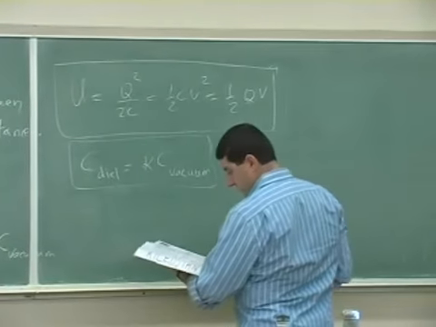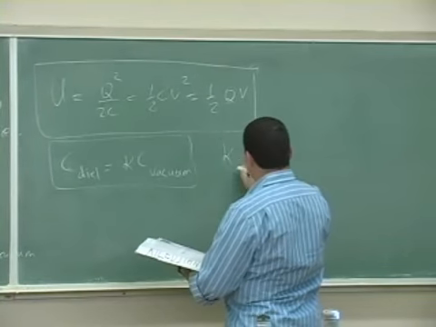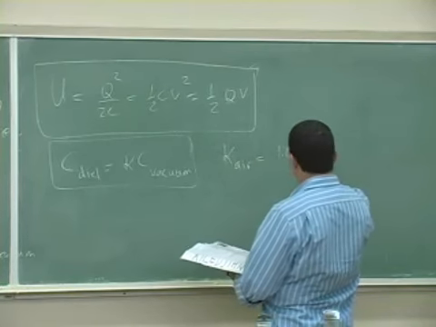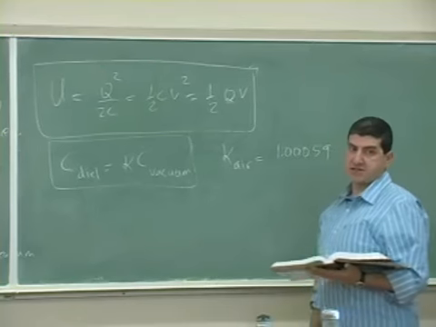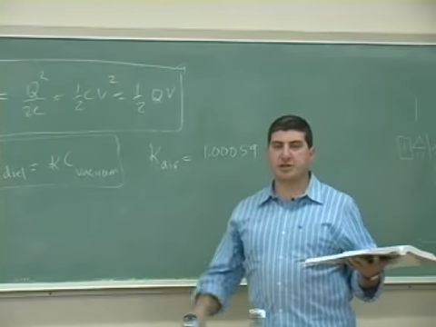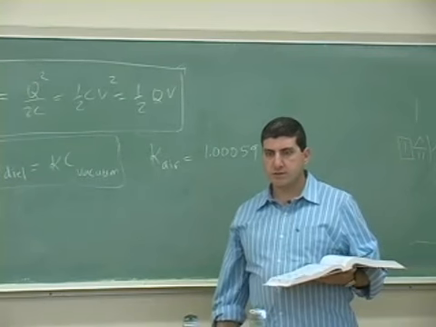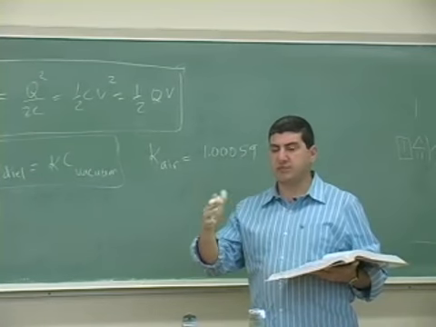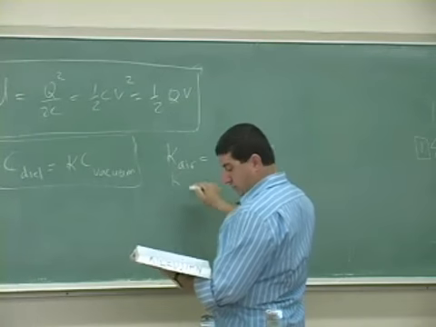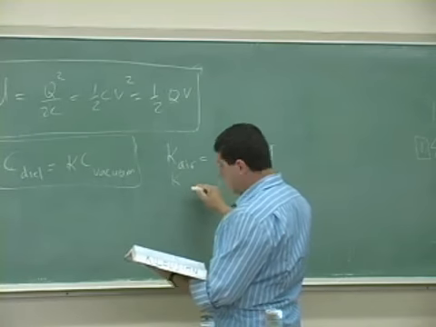The dielectric constant of air is 1.00059. So pretty much the same as vacuum. Okay, the air is a little bit polarizable, but not as much as any other material. And then you have other materials there.